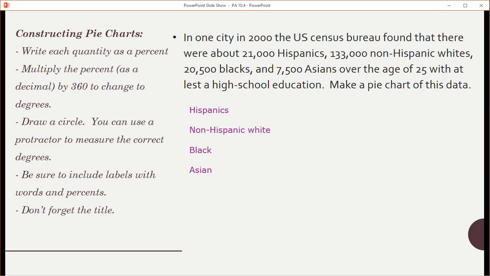Now, once you do that, go ahead and write. Let's see, it's not letting me type it. Let's try it again. So for the example, on the first one, I would write 21,000 over my total that I got when I added all of them together, which was 182,000.